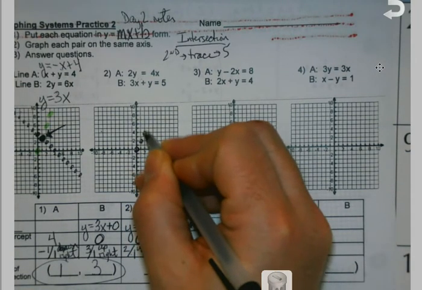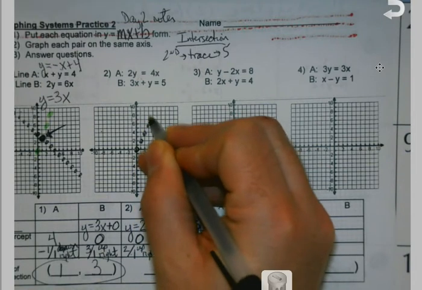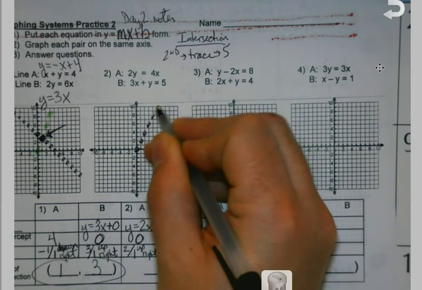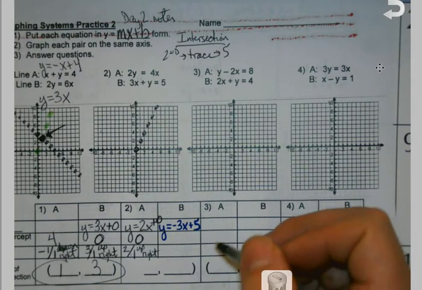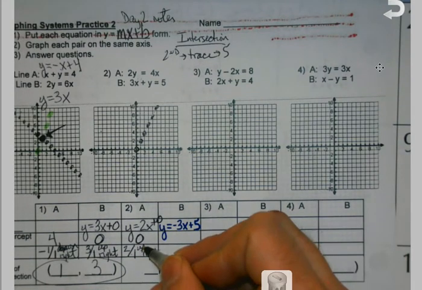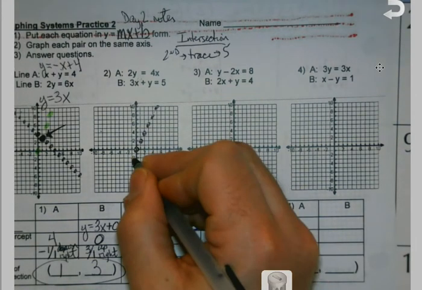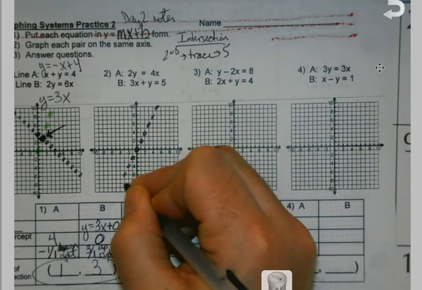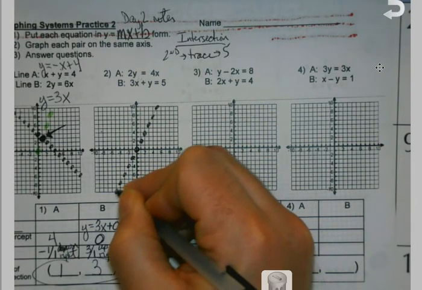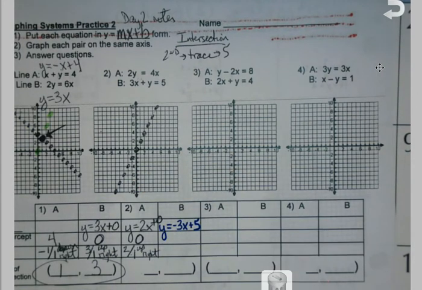And I'm just going to keep doing that. And again, if I run out of room, I just do opposites of both of those. So I'd go down and left. And work that out. So I get this line that goes all the way through.